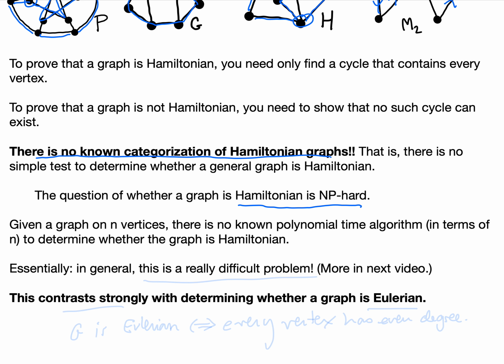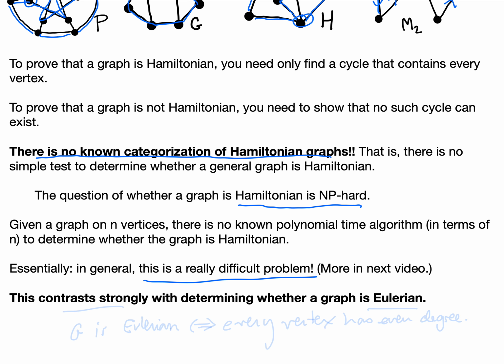So this is in a set of very famous problems that we'll discuss in the next video. Essentially what this means is that this is a really difficult problem. So it's really difficult to determine whether a graph has a cycle that contains every vertex exactly once.